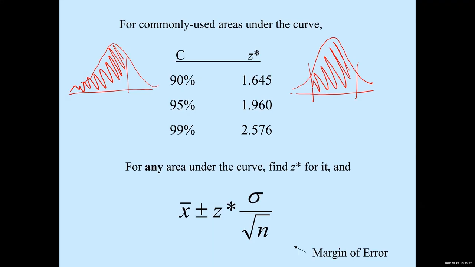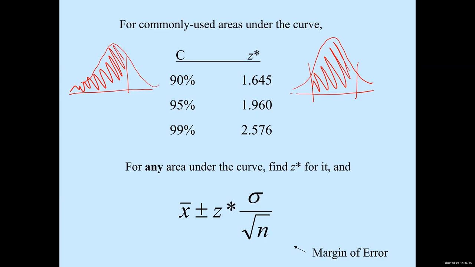So if you go to the standard normal table and you look for a Z star value of 1.645, you're not going to see that 0.9 of the area is to the left of it. We'll look at how to do that in just a minute. So you should come back and practice finding these values of Z star for 90%, 95%, and 99%. We use these all the time. I've memorized 1.96 because you just use it all the time.